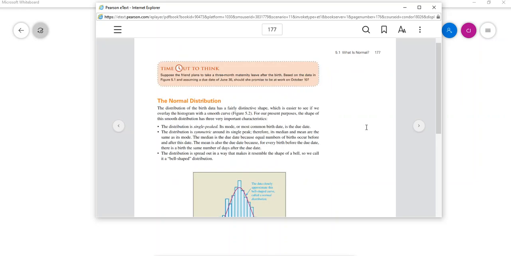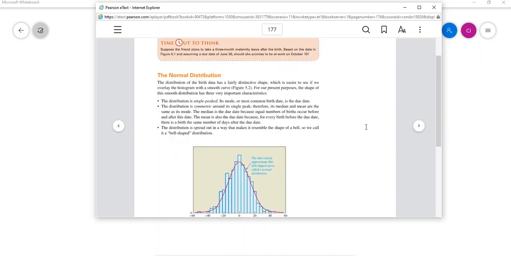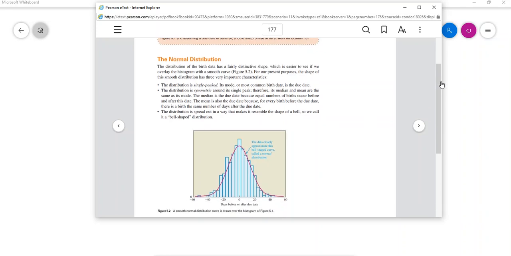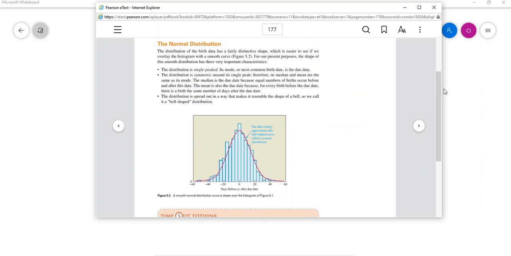So on page 177, they say, okay, here's this normal distribution. And you'll notice that we had bars, like it was a discrete distribution. Remember a frequency table had categories or groupings, and then a listing of how many fell in each of those groupings.